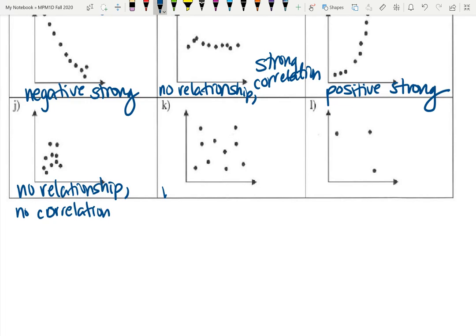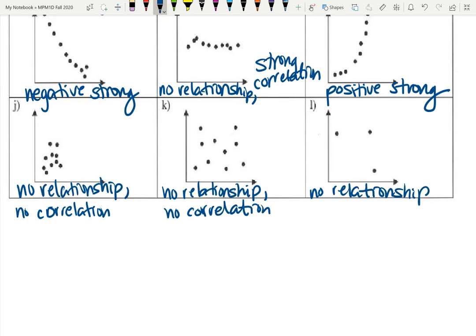Same with this one. And same with this one. Okay, last page.